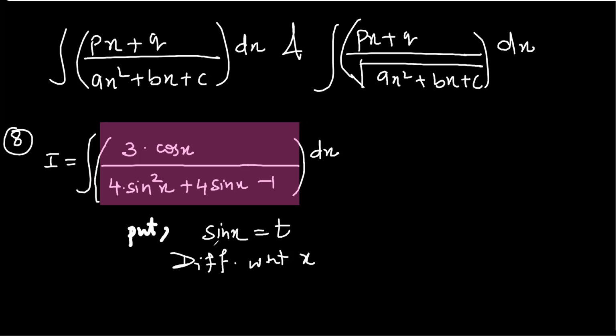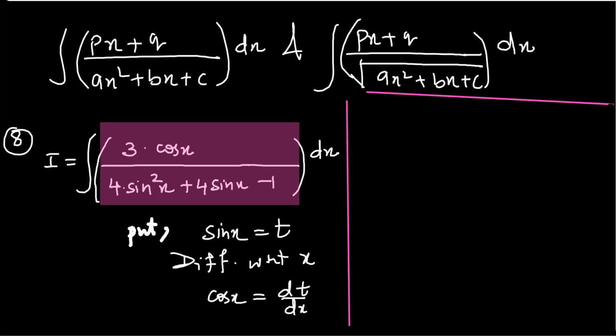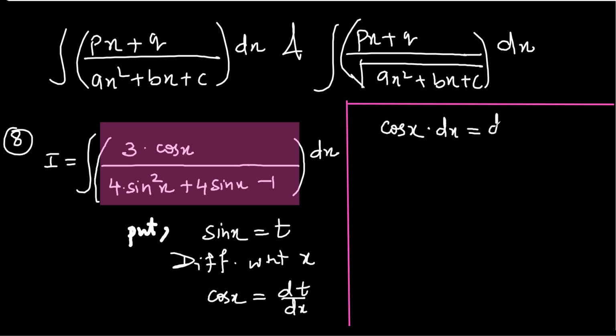When I do that, I get d by dx of sin x, which is cos x, and d by dx of t. So next step, I get cos x dx equals to dt.